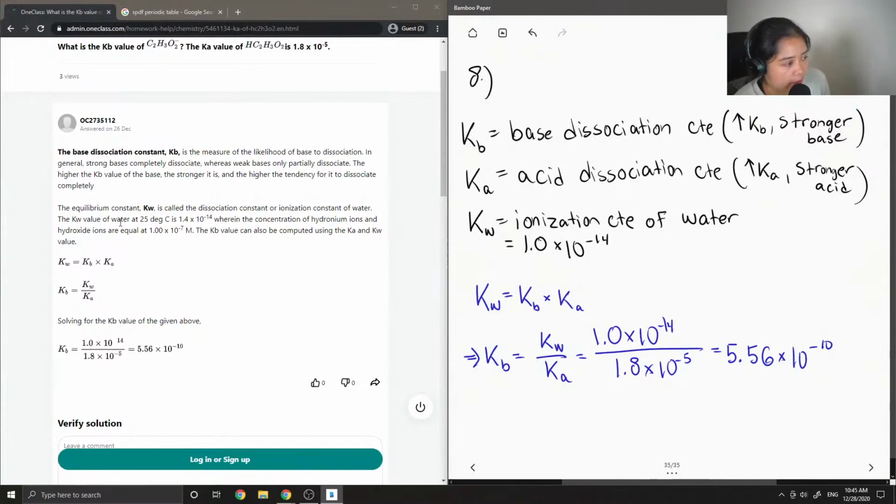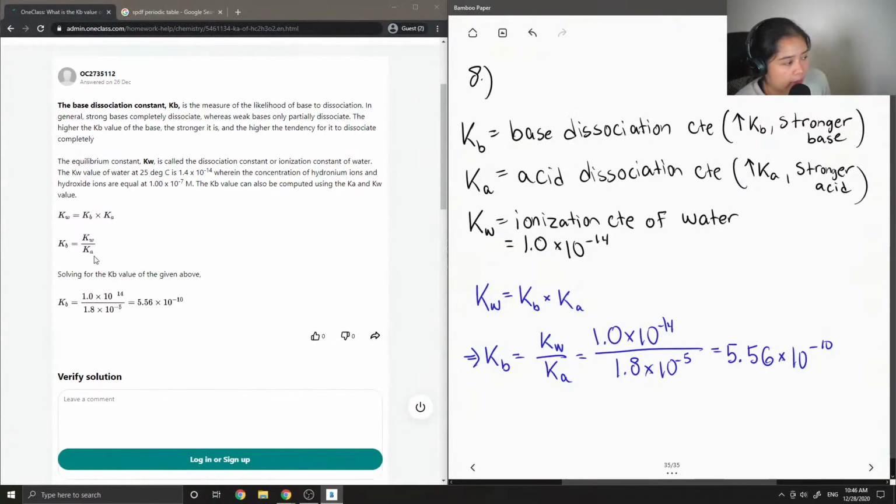Kw value of water at 25 degrees is 1.4 times 10 to the negative 4, wherein the concentration of hydronium ions and hydroxide ions are equal at 1 times 10 to the negative 7. The Kb value can also be computed using the Ka and Kw value.